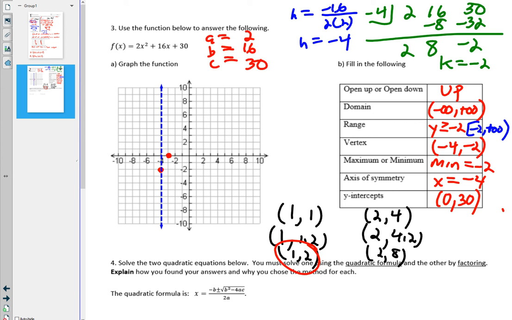Put a point, and then flip it. Then from the vertex, not from anything else, 2 to the right and 8 up. And again, flip it. And all the children rejoice because they have their parabola. The parabola came and saved the day.